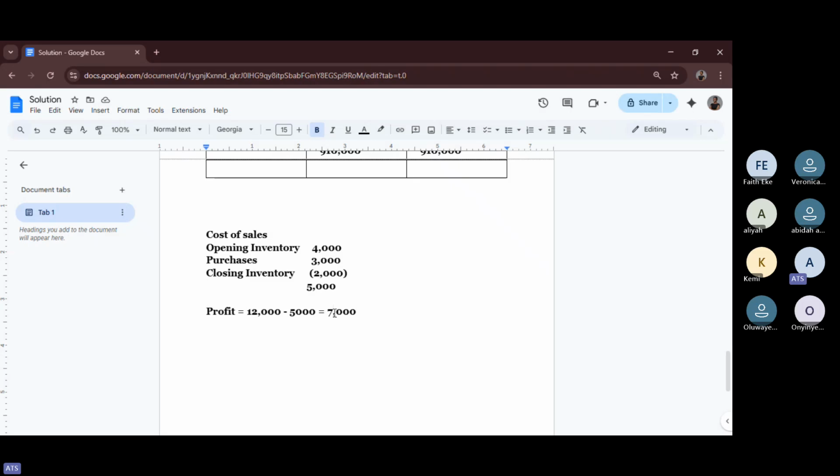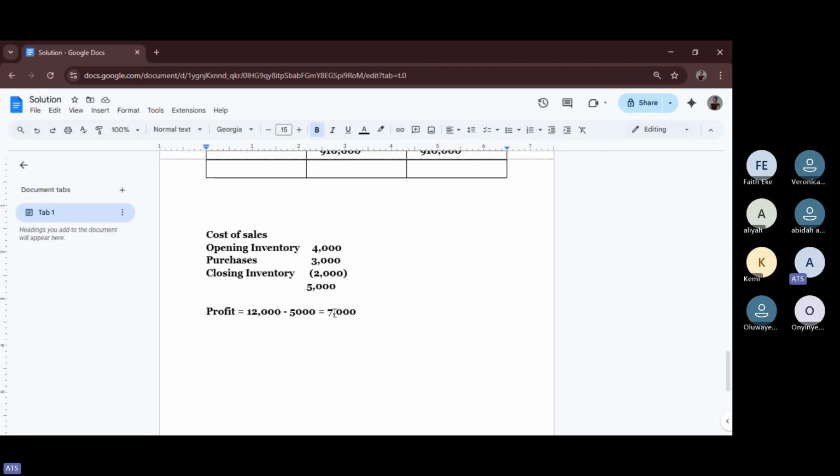Am I making sense, or is it still confusing? Please come again on that last phrase that you said. Yes, the higher your opening inventory, the lower your profit. It is as simple as that.